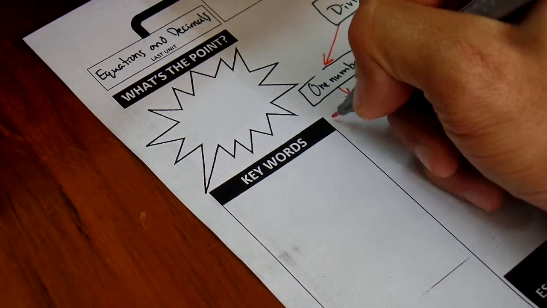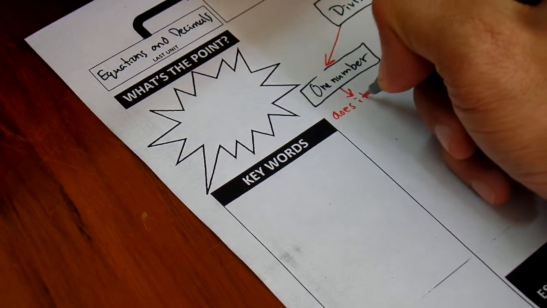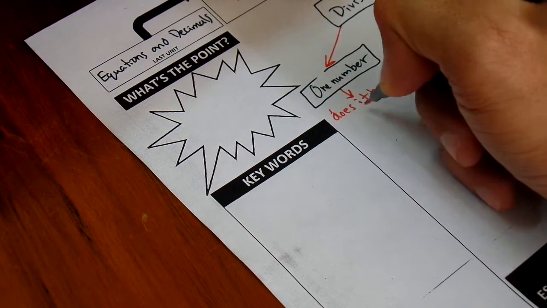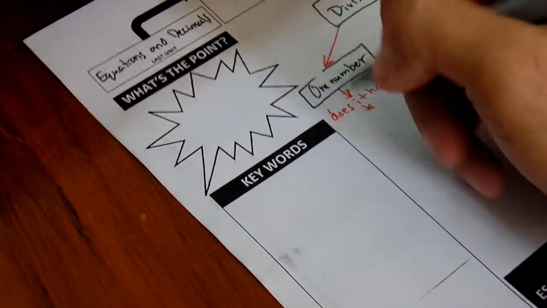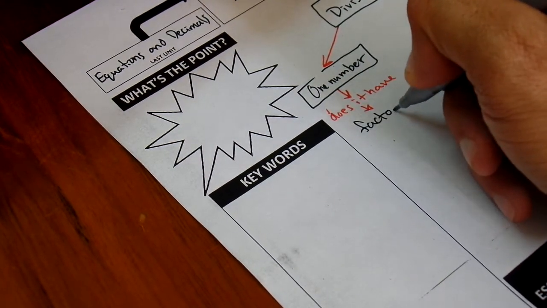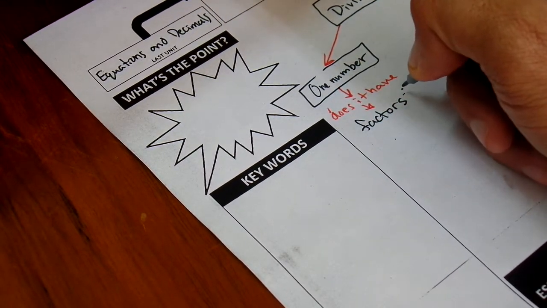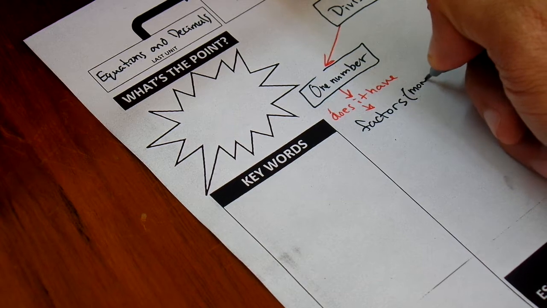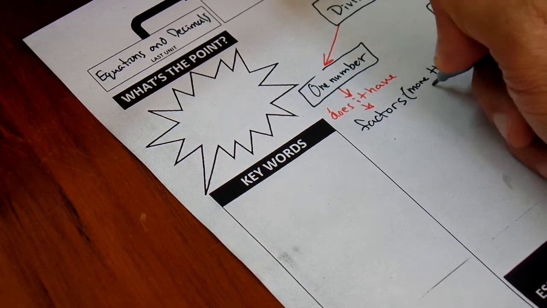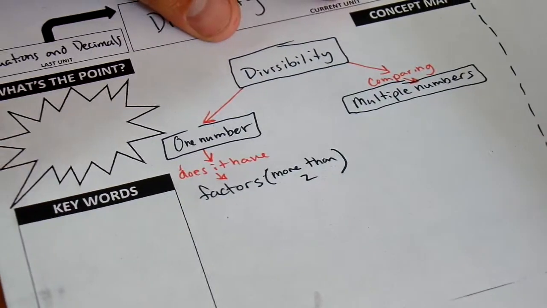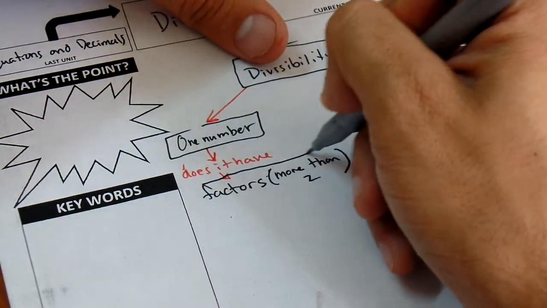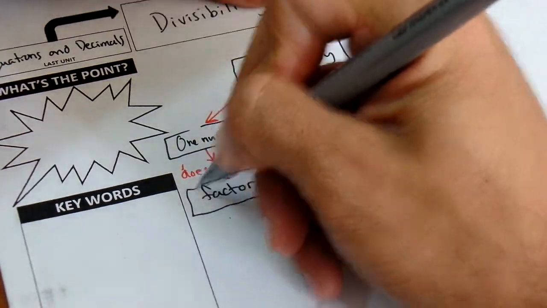I want to know, does it have factors? But specifically more than 2. So does it have more than 2 factors?